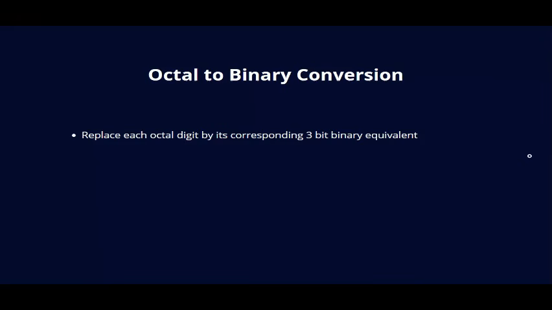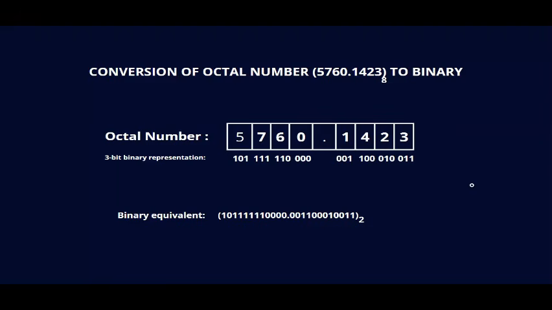For octal to binary conversion, each octal digit is replaced by its corresponding 3-bit binary counterpart. For example, consider the conversion of octal number 5760.1423 to the binary number system.